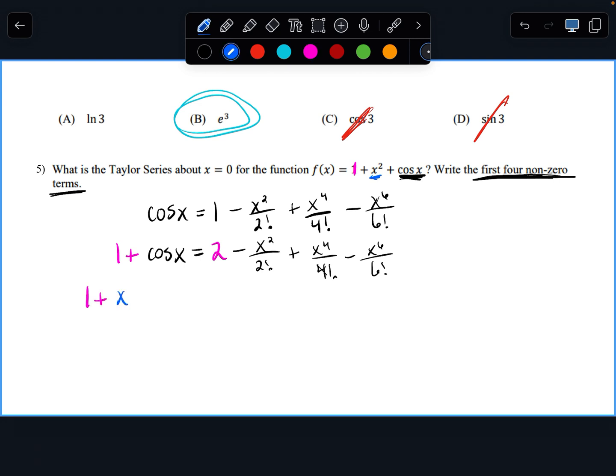So it's going to be 1 plus x squared plus cosine x. So I'm going to have to add in the x squared part to it. So the 2 is from adding the 1, and I'm going to combine like terms. I'm not going to distribute x squared. I'm not multiplying, I'm adding it. So I'm going to add x squared just to this guy.